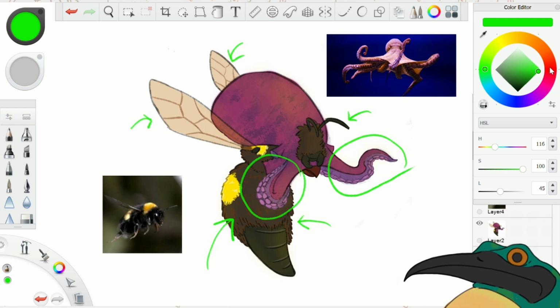Now, there are mistakes here. I overlooked the heads. Both of them have heads, so they ought to be removed, right? Also, I don't fully remember why, but I ended up declaring that the beak and the mandibles are different enough, so to speak, and so I kept them, when I would not do that now, actually. And it just looks weird because it has 2 mouths, and it's supposed to be subtraction.